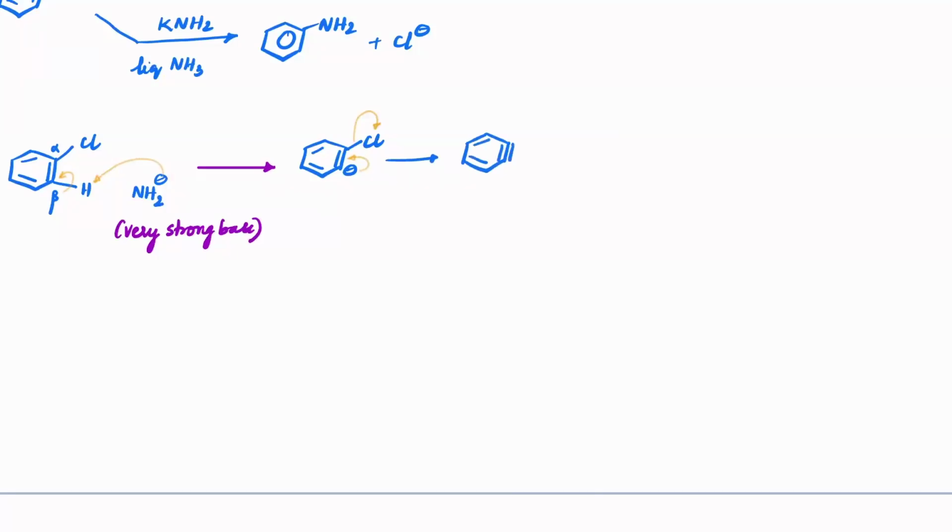This is called benzyne. Structurally, it is a benzene having these two orbitals making a pi bond here. But what are these two orbitals? These are actually sp2 and sp2 orbitals together, which are making a pi bond. This type of pi bond is being observed here.